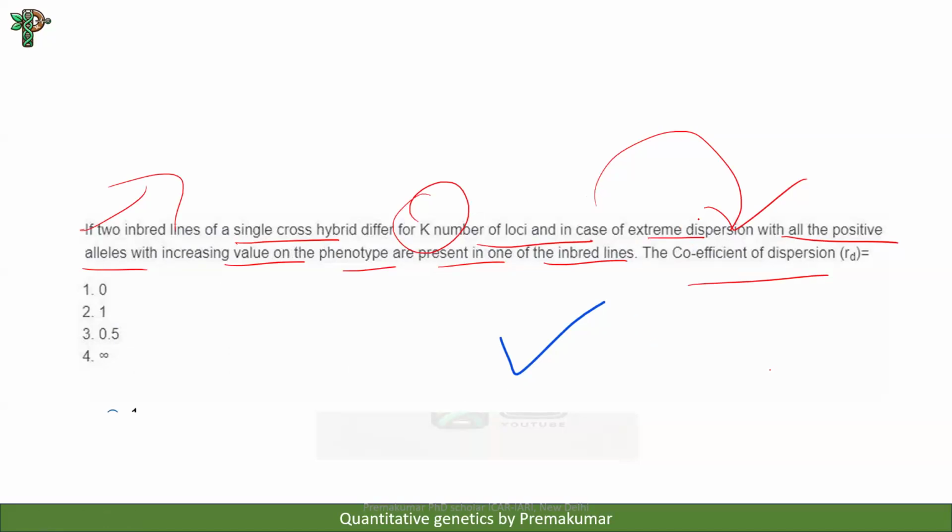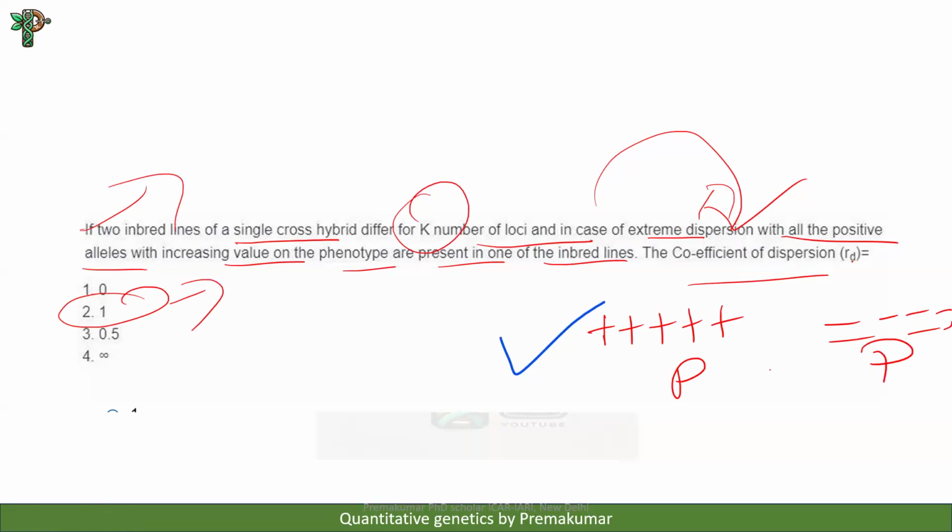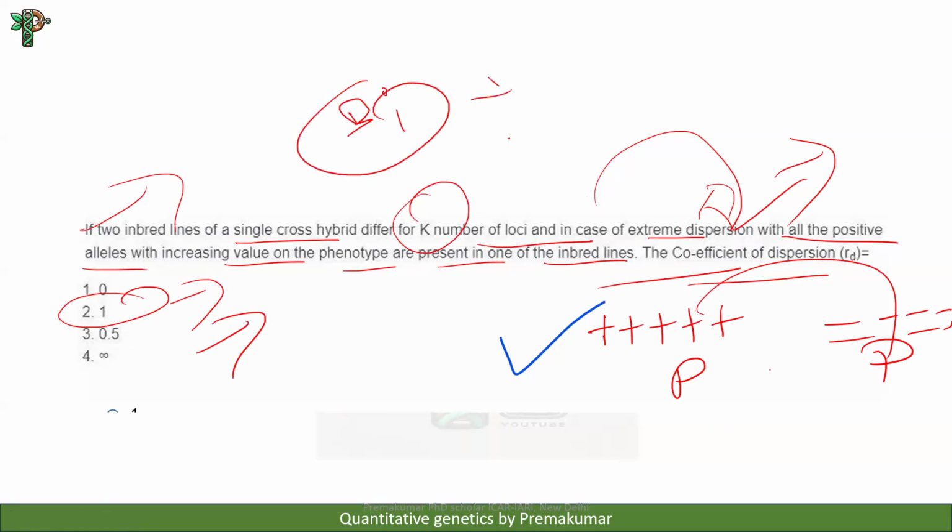Always remember, in case of extreme dispersion, RD is equal to 1. For example, all the positive alleles in one parent and all the negative alleles in the other parent is called extreme dispersion. Whenever there is extreme dispersion, the coefficient of dispersion will be 1. I will discuss these things in biometry of heterosis. I think I will take it tomorrow.